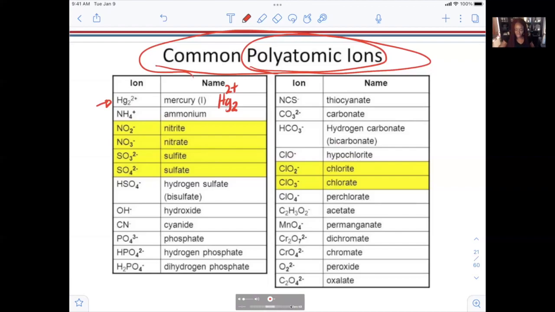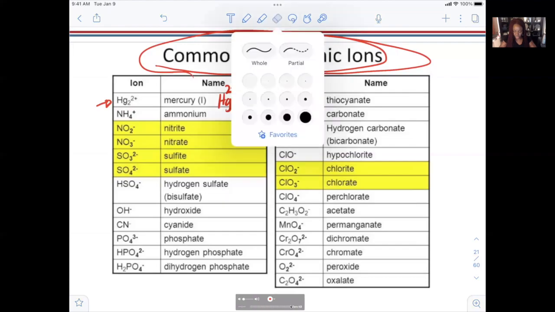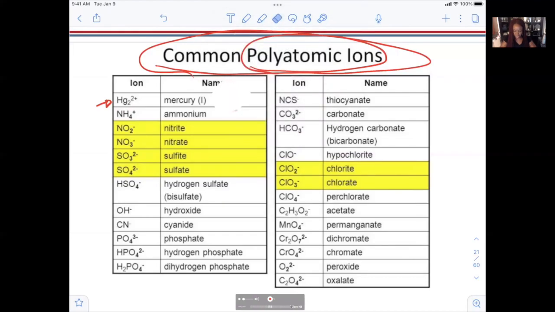The mercury 1 ion Hg exists as a diionic, but it exists as 2 ions combined together. That's how they exist in nature. So essentially, if you're wondering how this is named mercury 1, imagine the Hg that's positive connected to another Hg that's positive.